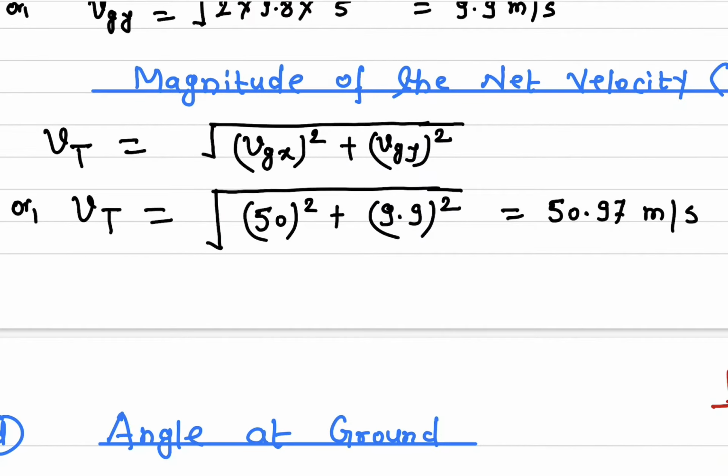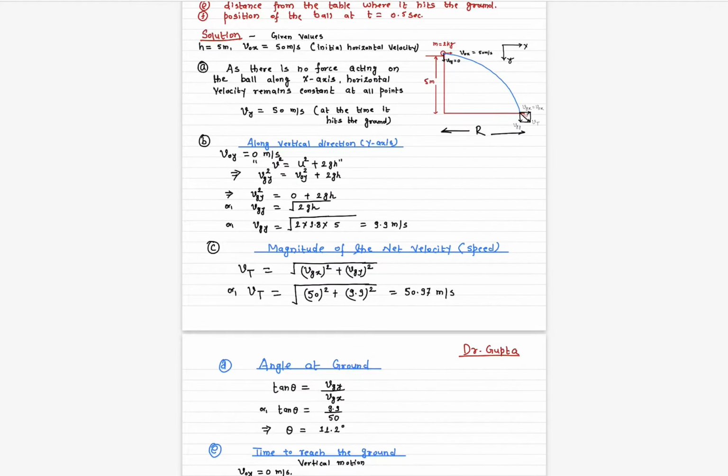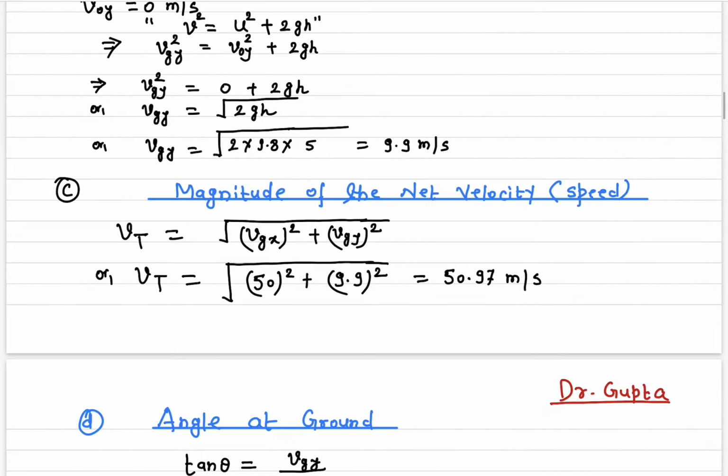We know vgx is the initial velocity, which was thrown at 50 meters per second, and we calculated vgy, which is 9.9. When you solve it, you get 59.97 meters per second. This 59.97 meters per second is the speed at which it hits the ground. That's the speed, or the magnitude of the velocity.